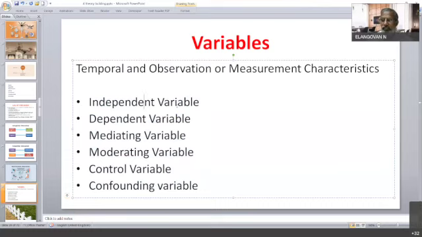Are you able to understand, sir? Yes, sir. This dependent variable will be an independent variable in another theory. So therefore, by the position of a variable in a theory, you can identify these variable names. That is based on the interaction.